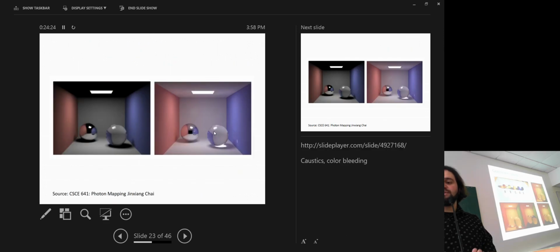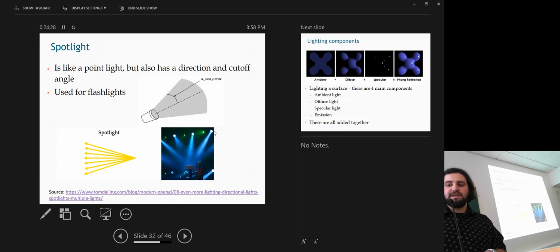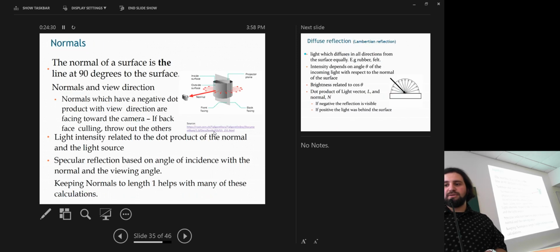So that's one use of the surface normals, but more importantly, we use them to identify whether we see that point at all or not. So we have a dot product between surface normal and viewing direction, and if that is negative, this means that we have the light coming towards the observer.